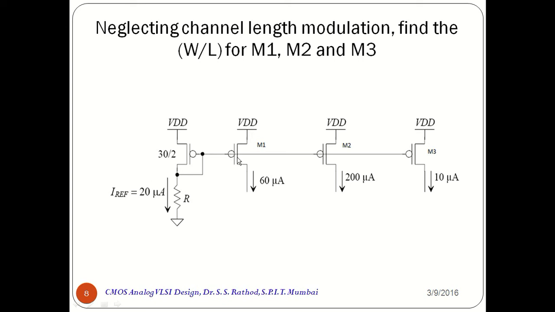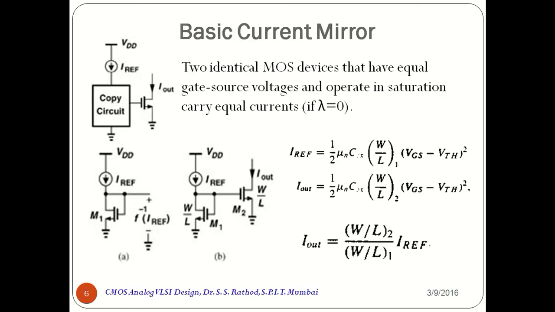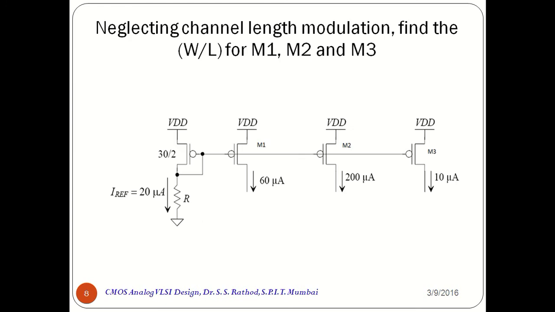In the second transistor, the current is 60 microamperes. So from our formula that we have derived, I out is equal to W by L of 2 by W by L of 1 into I reference. So we can say here that I reference is 20 and I out expected is 60.